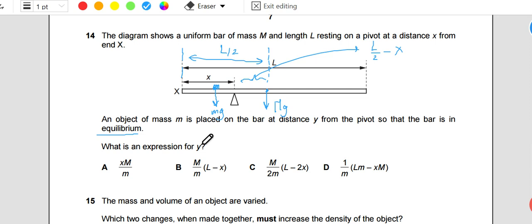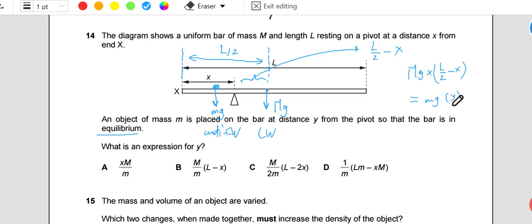So we can equate the clockwise moment with the anticlockwise moment by writing mg times L over 2 minus x to equal Mg times y.